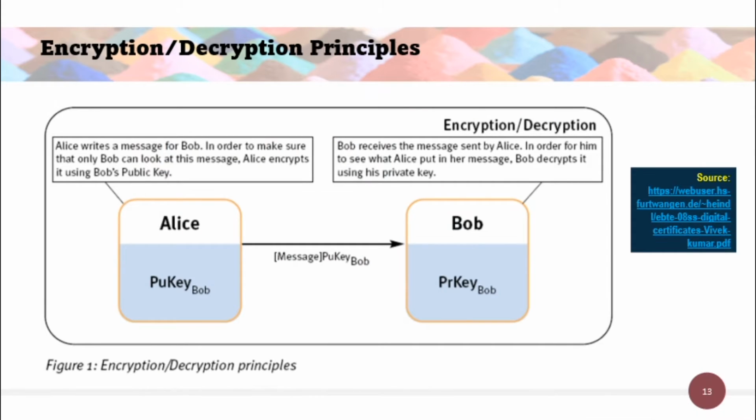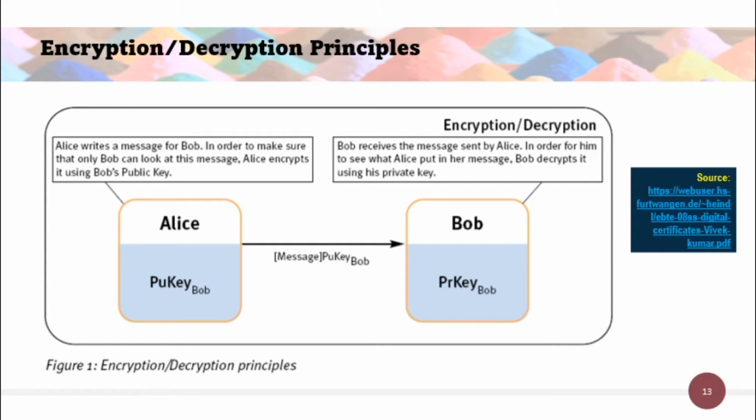This is the example of the encryption and decryption process. Okay, there are two keys here. So this is an asymmetric encryption, in which Alice writes a message for Bob. In order to make sure that only Bob can read this message, Alice encrypts using Bob's public key. And then Bob receives the message.